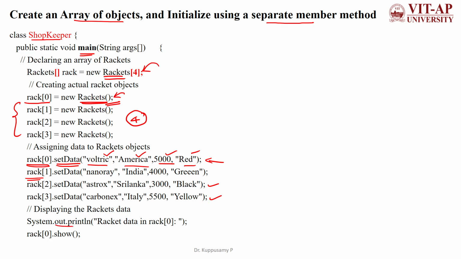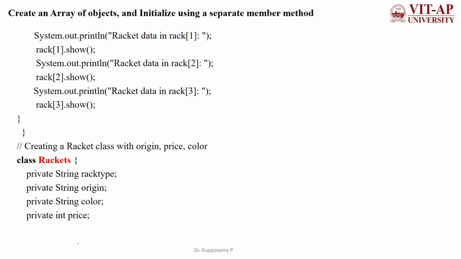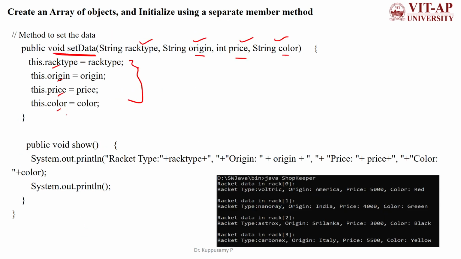Now we are printing the values whatever we assigned to each and every object variable. The first object variable is rack of 0 here, which is calling the show method. So here show method is just displaying the values, what we have passed here: racket type, origin, price, and color. Then we are leaving one line space here, this empty line. So first we are printing the rack of 0, right?